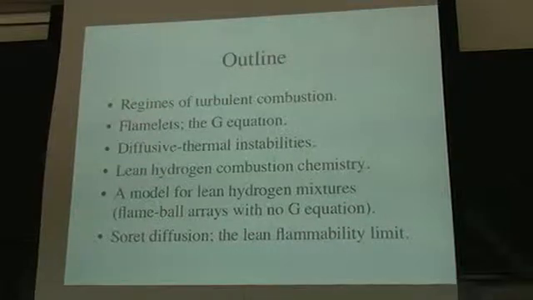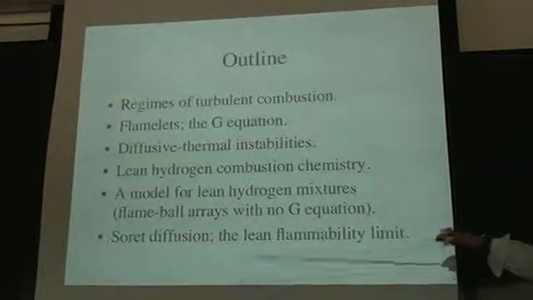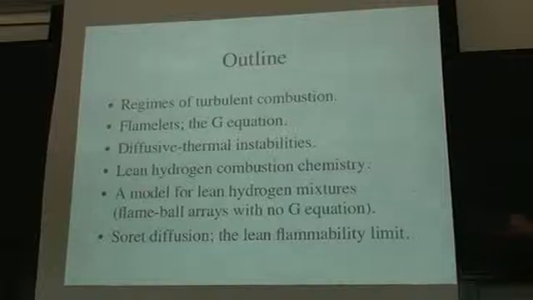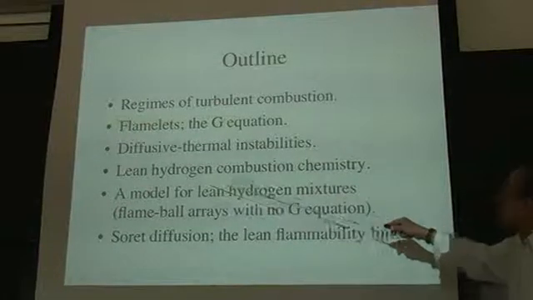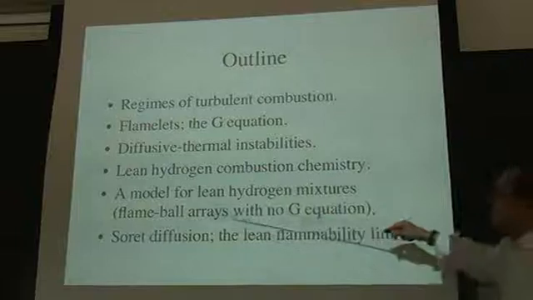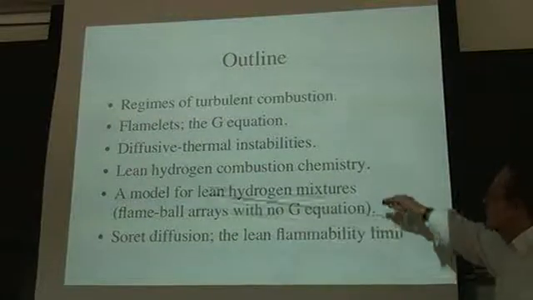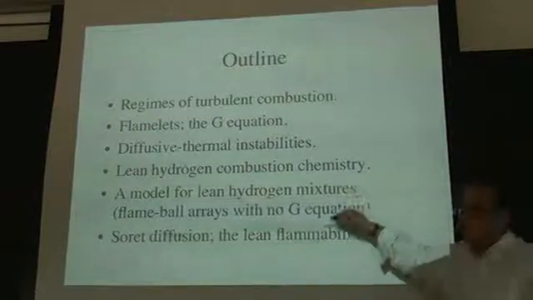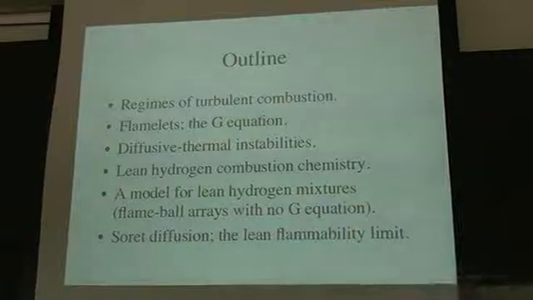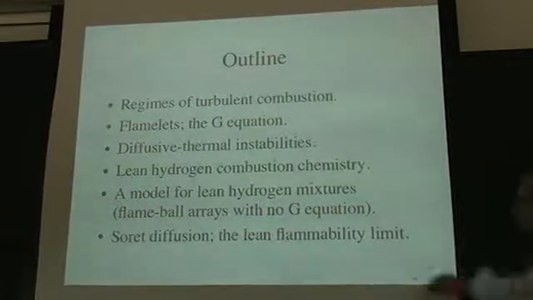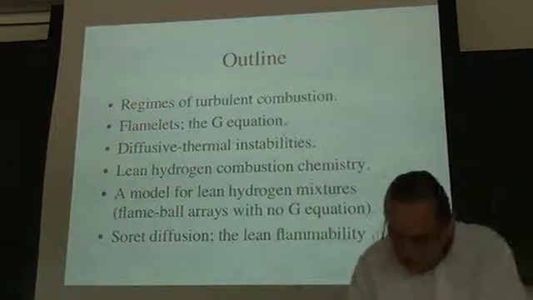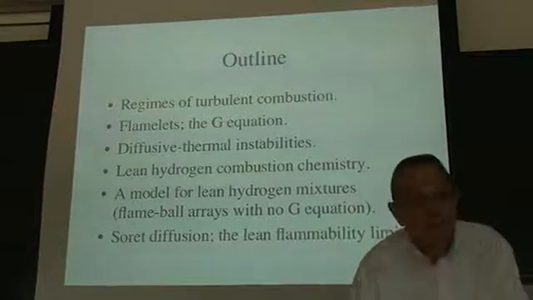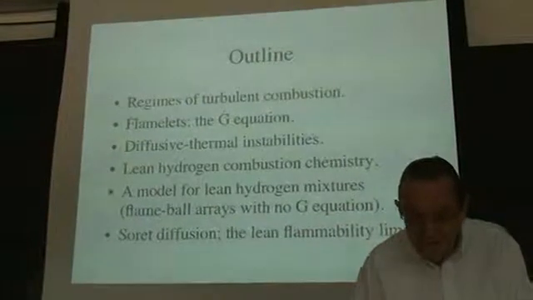I'm not sure how much interest there will be in the rest of this stuff, so I may or may not spend time, depending on interested people, on lean hydrogen combustion chemistry and a model for flame propagation in lean hydrogen mixtures and the lean flammability limit of hydrogen. So that's the plan of the outline, or at least it's the order in which these slides are here.